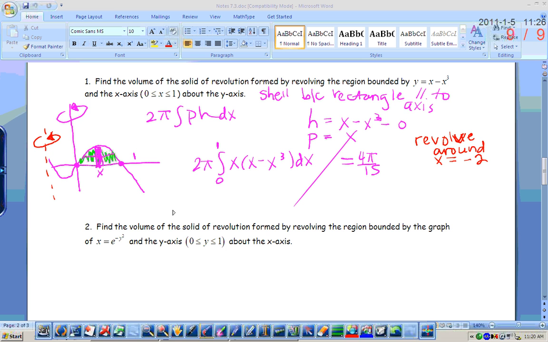If I'm revolving around x equals negative 2, my h is still the same. The height of that rectangle has not changed. But p, which is the distance from the axis to the middle of that width, which I'm calling x, is going to change. What is the distance between the vertical line x equals negative 2 and x? x plus 2.